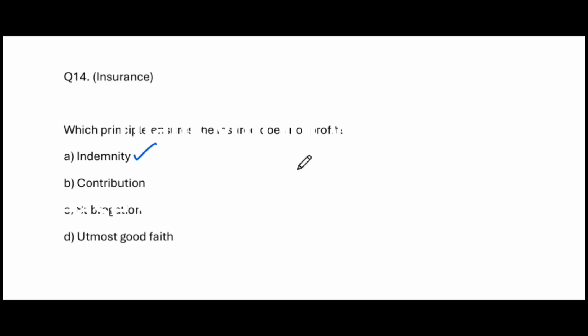Contribution applies when multiple insurance policies cover the same risk. It ensures that the total payout from all insurers does not exceed the actual loss. So it supports the principle of indemnity, but it is not the main principle itself. Okay, subrogation means this allows the insurer, after compensating the insured, to step into the insured's legal rights.